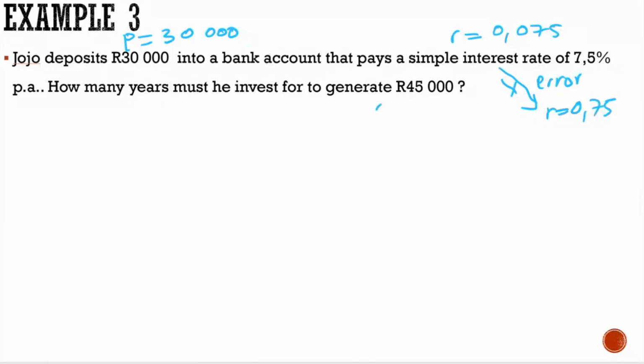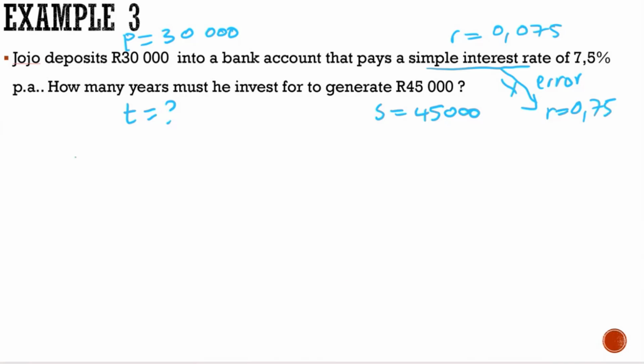So how many years must he invest for to generate the future value? So it means your future value here is equal to 45,000. And then how many years? You don't know the years, you are looking for the years. So here you have decontextualized all of your variables. Now you need to get your formula. The formula for simple interest. Why? You can see this is simple interest.